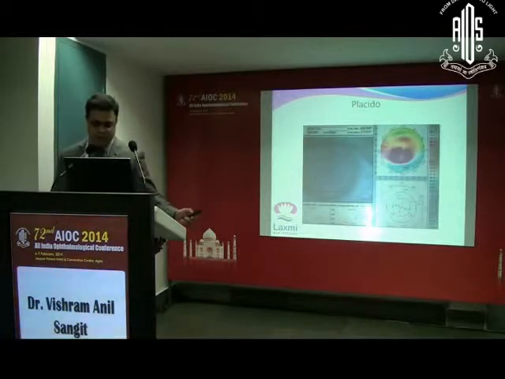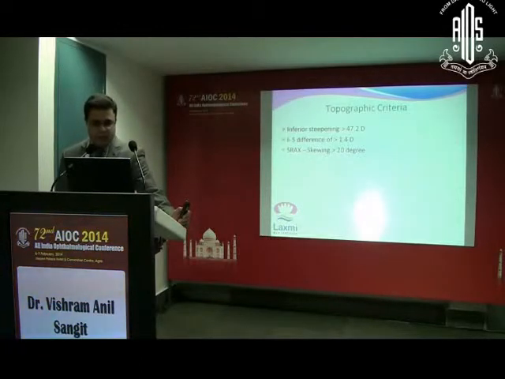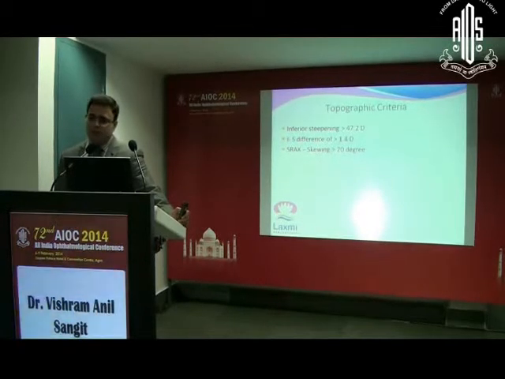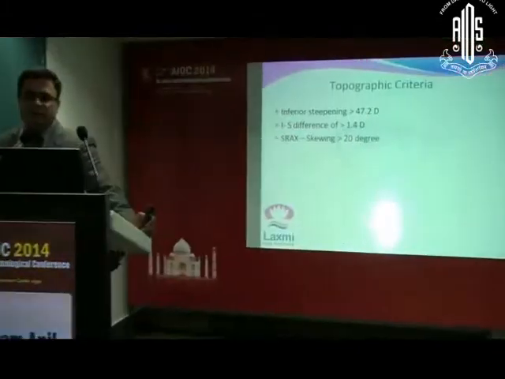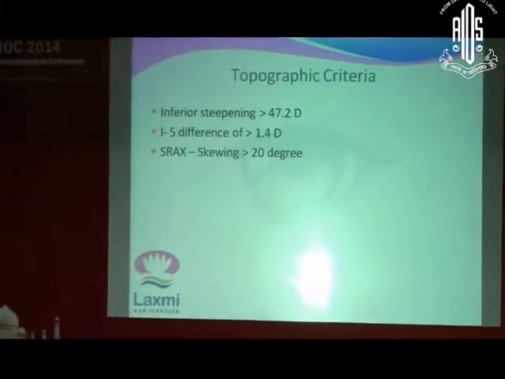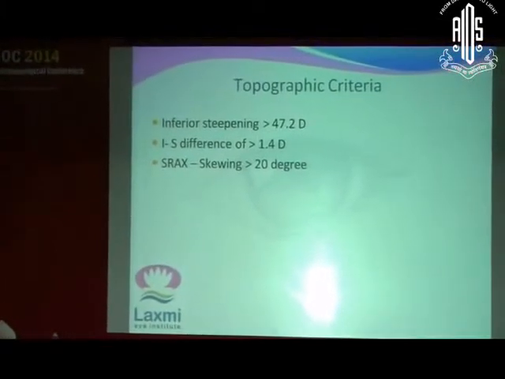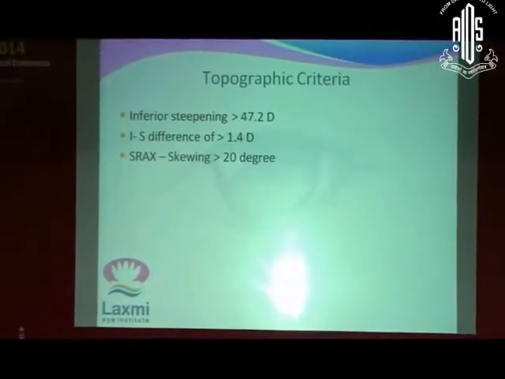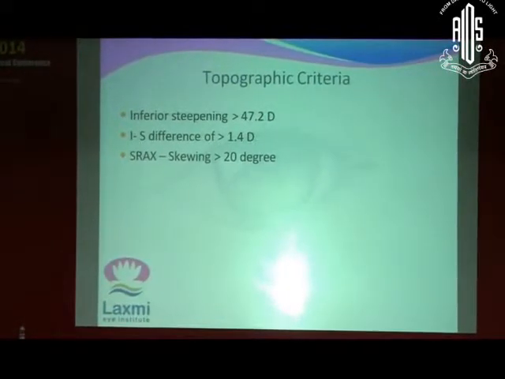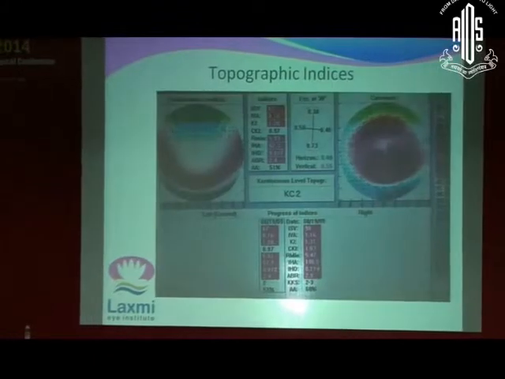They give you a variety of indices. The classical Rabinowitz criteria are inferior steepening of more than 47.2 diopters, an inferior-superior difference of more than 1.4 diopters, and skewing of the radial axis of more than 20 degrees. When you have a classical bow tie appearance, if the skewing of the major axis is more than 20 degrees, that meets the Rabinowitz criteria.